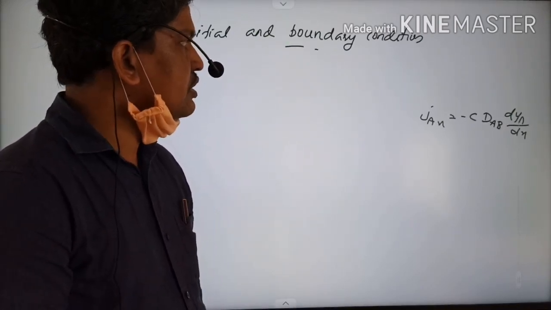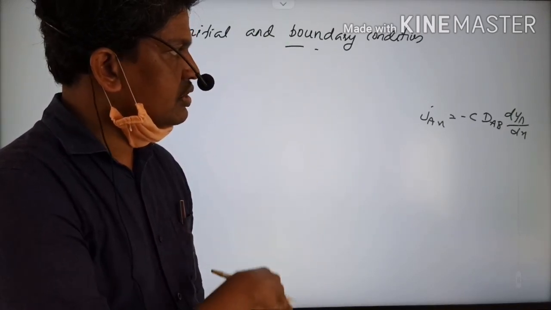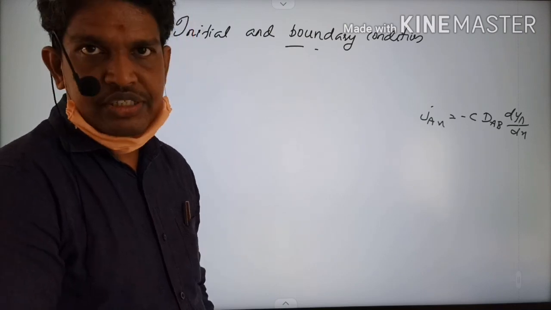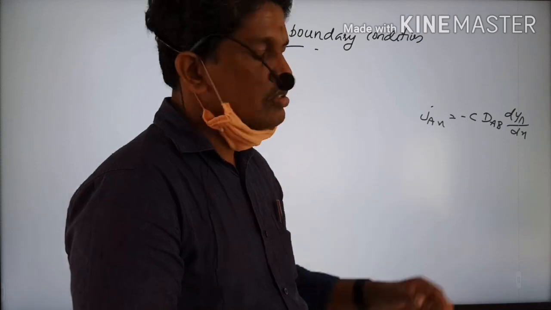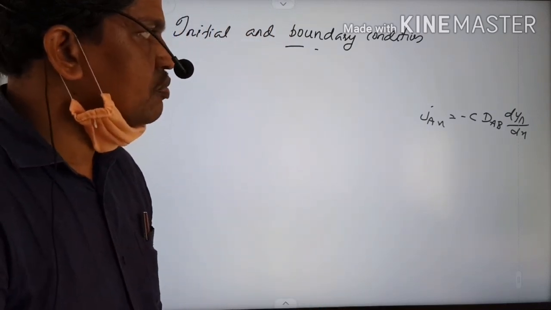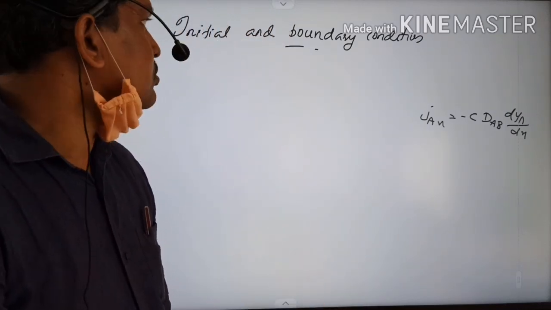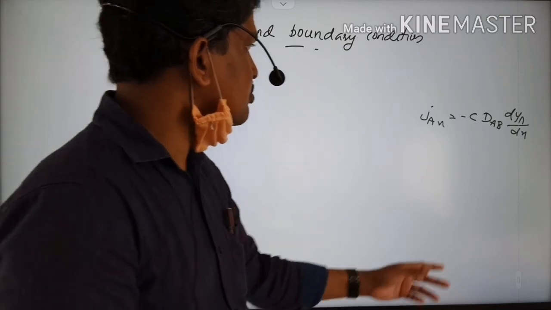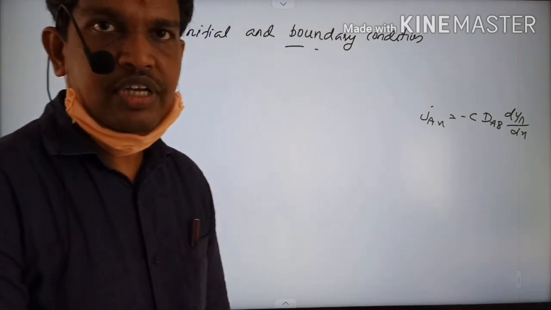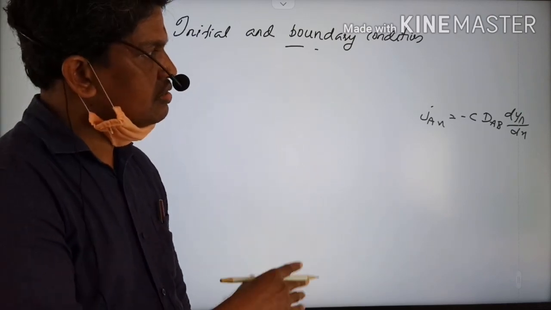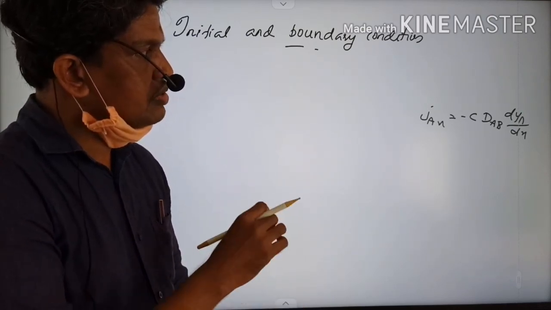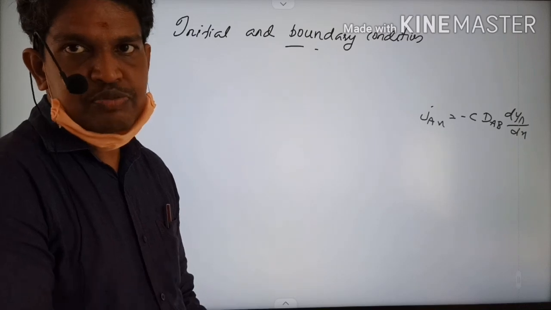And for integrating, for the solution, we need some boundary condition. At some x, what will be this value, or at a particular time what will be this concentration. So the concentration varies with respect to x, and of course with respect to time also. If it's an unsteady case, the concentration at a point will change with respect to time.